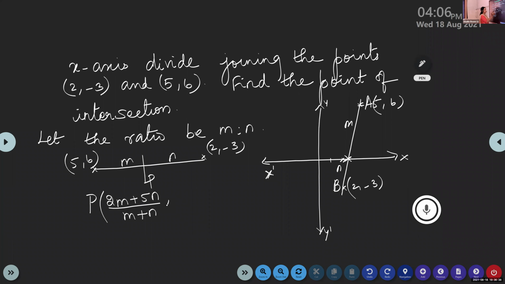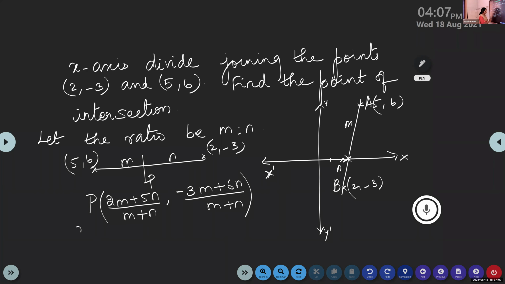Similarly, take the y coordinate. For y coordinate, if you apply, we'll get minus 3m plus 6n by m plus n. Is it clear, children? By using section formula, we get m into 2 plus n into 5 by m plus n. Similarly, you take the y coordinate, m into minus 3 plus n into 6 by m plus n.